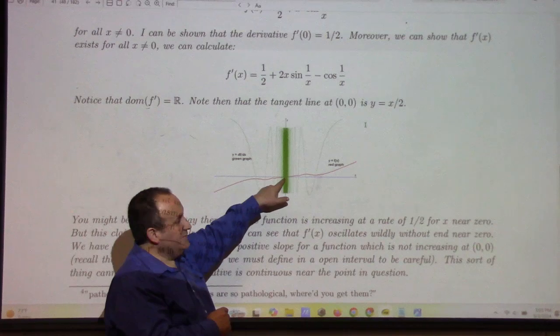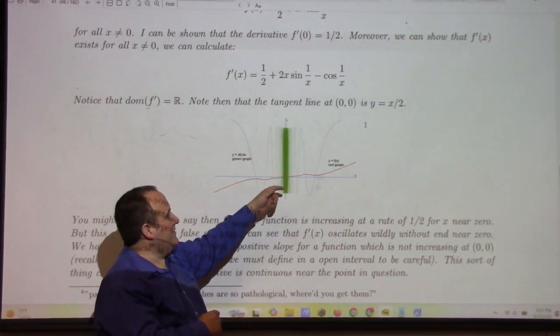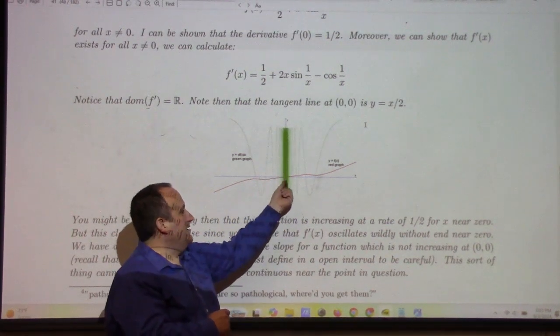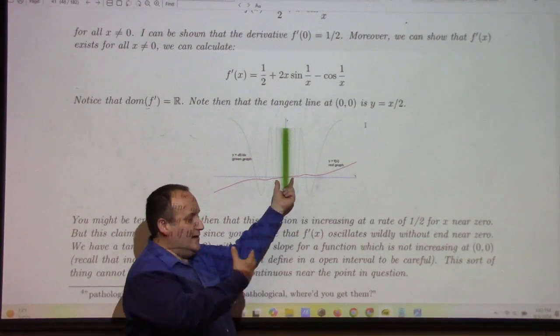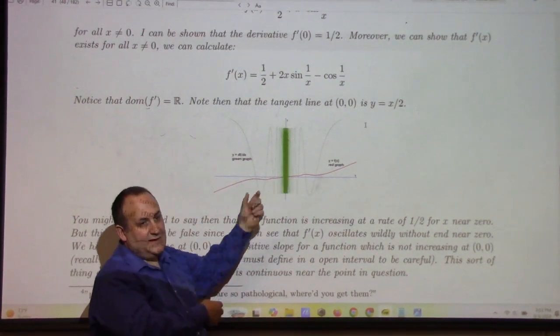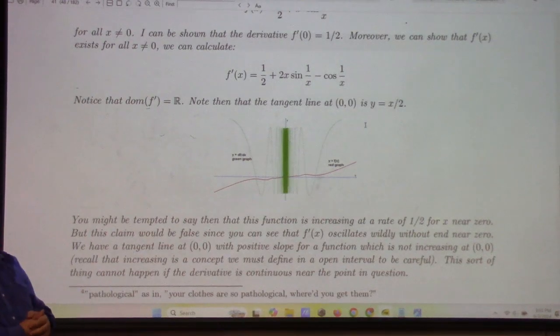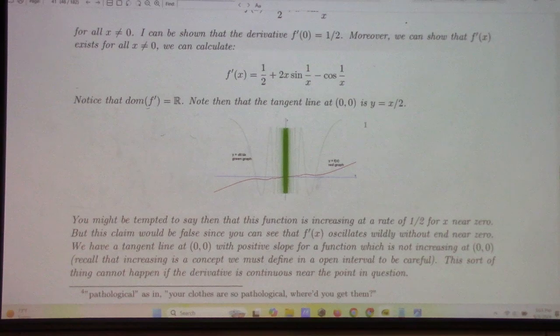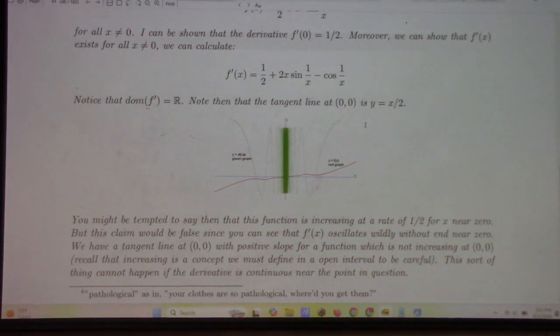In fact, if you zoom in, on any interval, no matter how small, you can find the function both increasing and decreasing in a neighborhood of 0, because it oscillates wildly at the point. Right? So this is a function which is differentiable, but not continuously differentiable. This will make the nicer theorems go away. So we'd like to assume that our function is continuously differentiable to avoid this pathology.